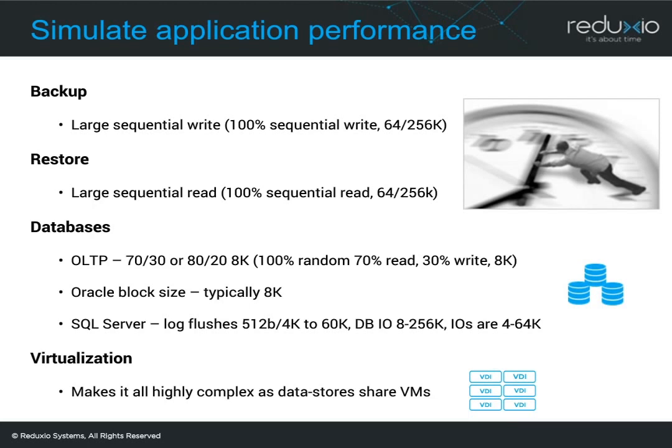But if you're using a simpler open source tool, you have to configure the tool to simulate these workloads, and you can go as simple as just keeping 70-30 8K 100% random workload, or configure various profiles to run in parallel. It could get complex. And obviously, virtualization makes it very complex to simulate real application performance because your applications are running in parallel on the same environment, and they mix between themselves.